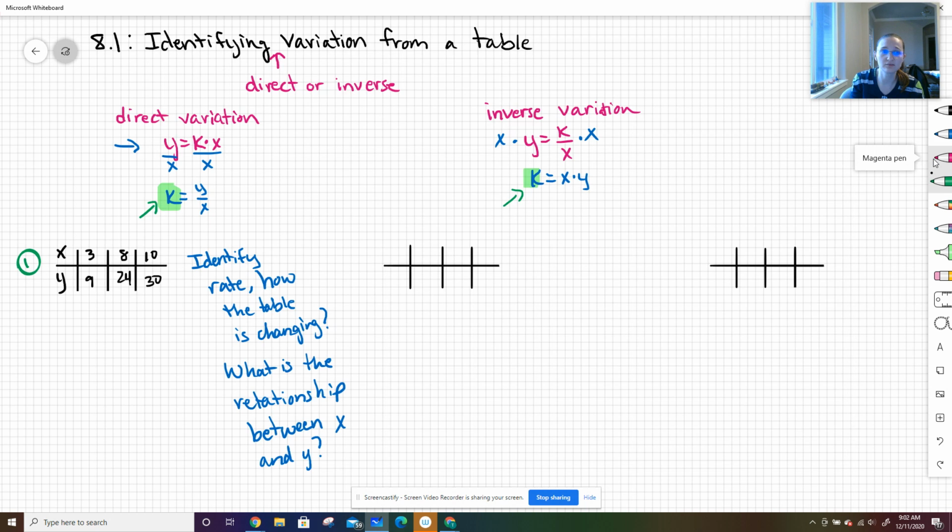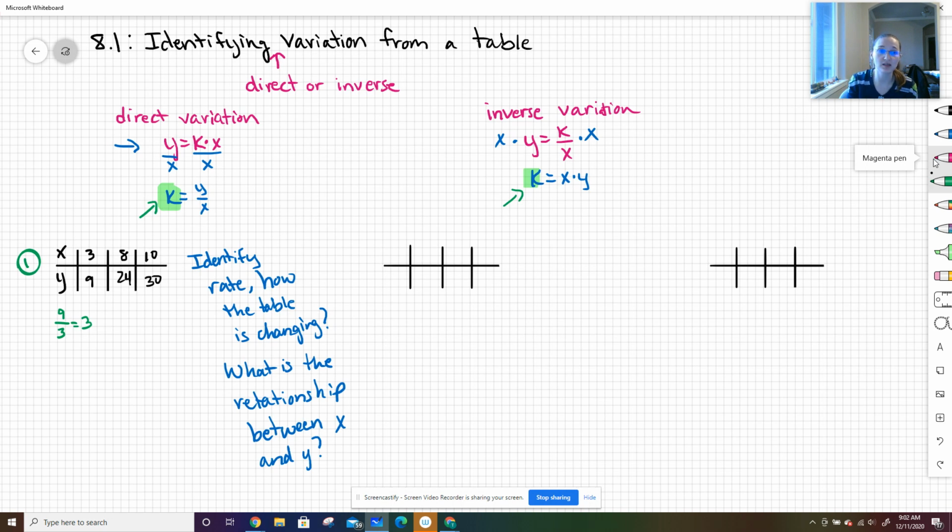Because I can see that 3 and 9 are easily divisible, I'm going to check y divided by x, because it's always y over x. 9 divided by 3 is 3. Now we just need to see if that same constant is true for both of the other pairs.